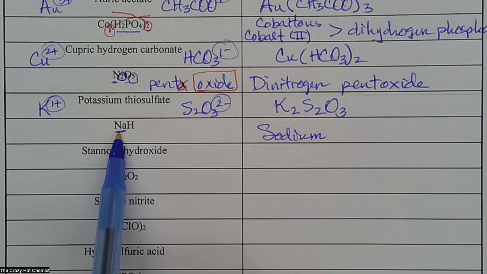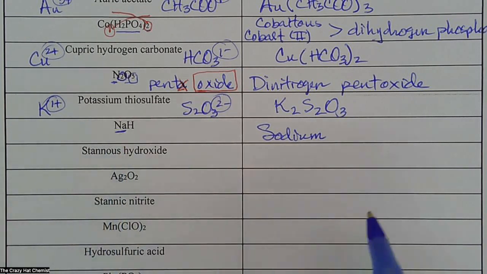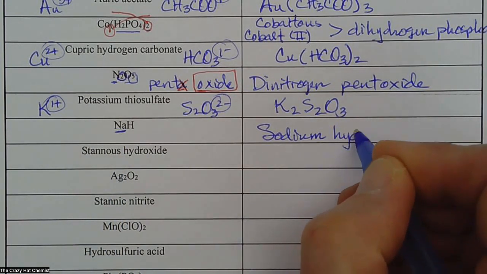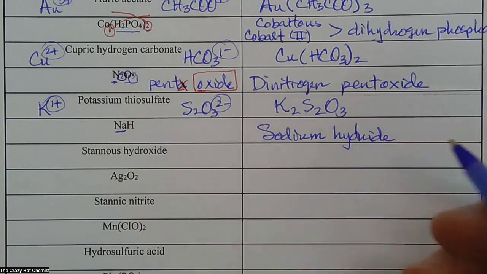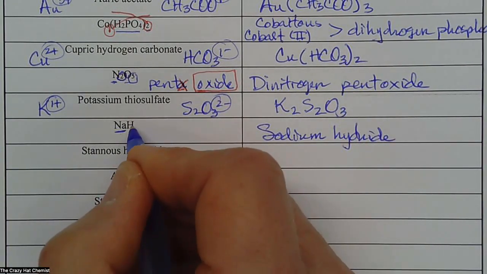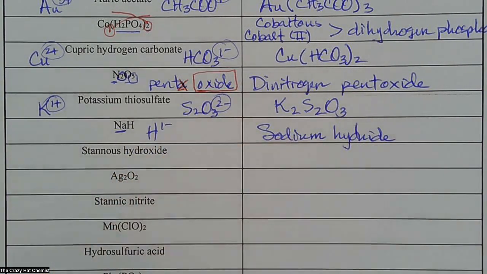The alkali metals and the alkaline earth metals are always just a +1 or a +2. That is it. And they have no other alternate charges. So therefore, that hydrogen must have the alternate charge, and that's a hydride. Hydride, and this hydrogen is a -1 charge. That's the alternate charge is what I'm talking about.